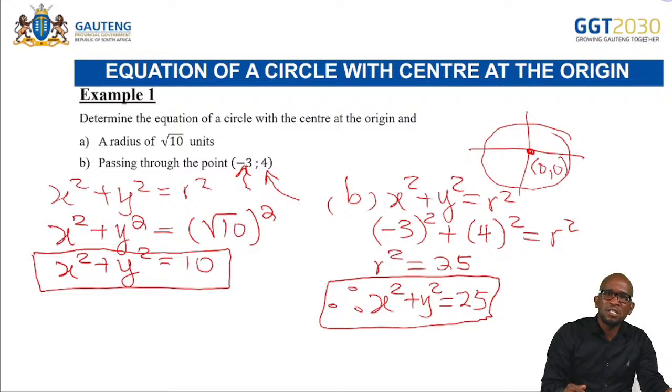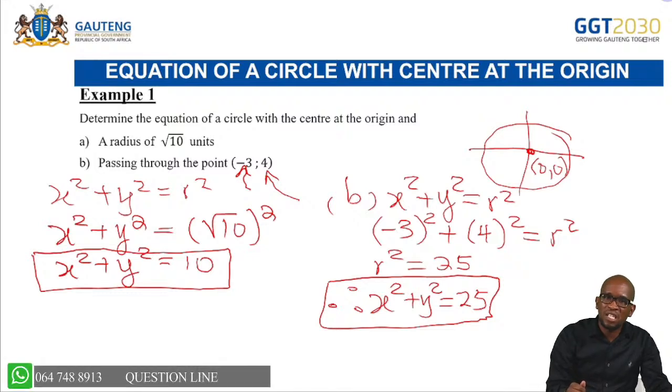If you look at these examples, grade 12s, in the first example, you were exclusively given the radius, which means that you would substitute the value of the radius where you see r in the original equation, and hence work out the equation of the circle. However, in the second example, you are given a set of ordered pairs.